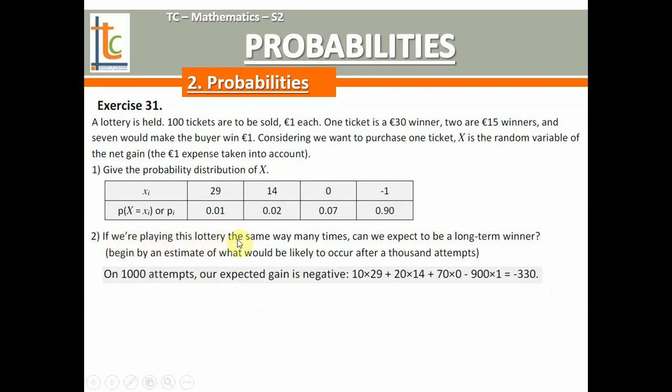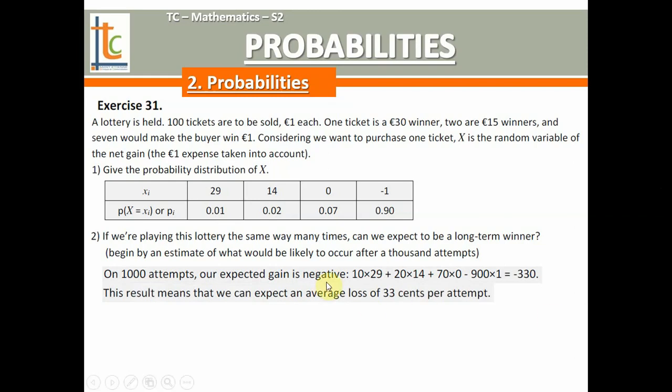If we're playing this lottery the same way many times, can we expect to be a long-term winner? Once you notice that your expectation is negative, then you can conclude that you can't expect to be a long-term winner. You will be, in the long term, a loser in this game. And the organizer of the game will be the winner. That's all.